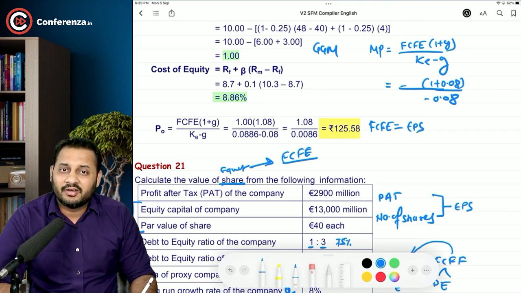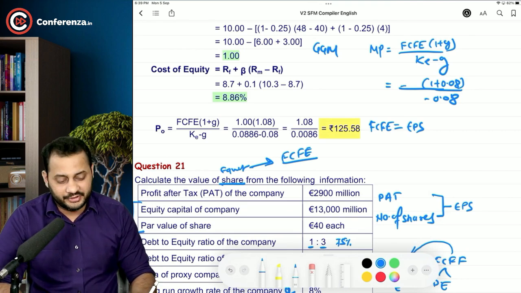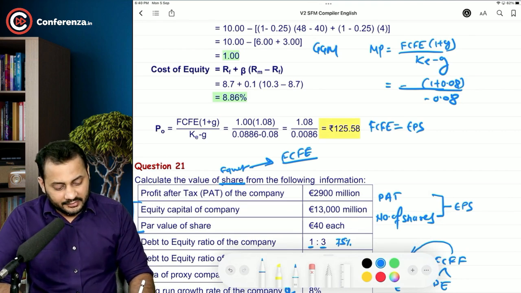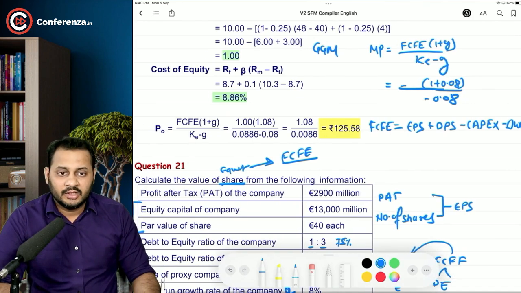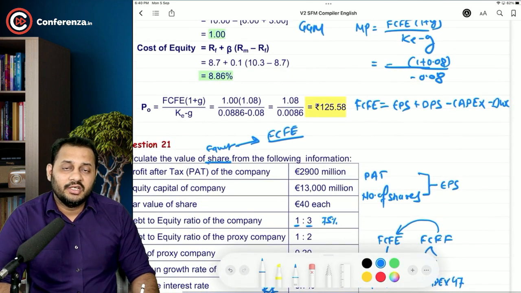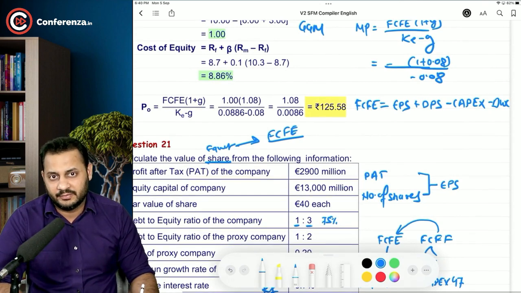So instead of earning after tax, it will be earning per share. And then we can say we will add back depreciation per share, deduct capex, and then change in working capital. But it has to be in the equity sharing ratio. So 75% of the total only will be deducted.